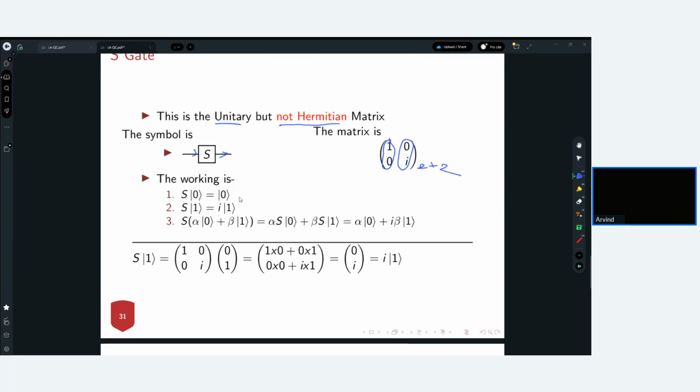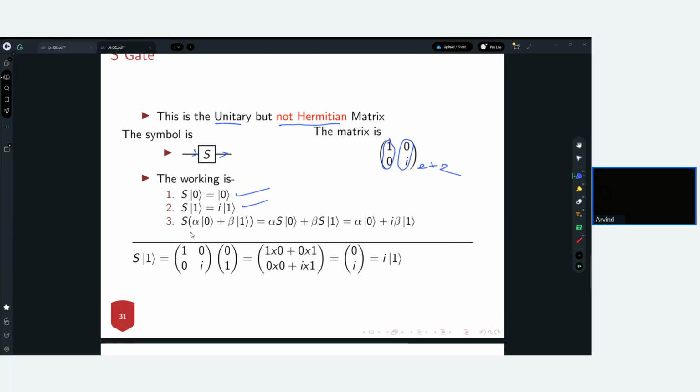And the working is like this: if the input is ket 0, the output is also ket 0, like our previous Z gate. And if the input is ket 1, the output is i times ket 1.